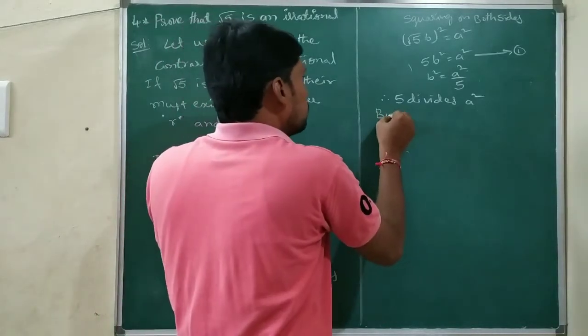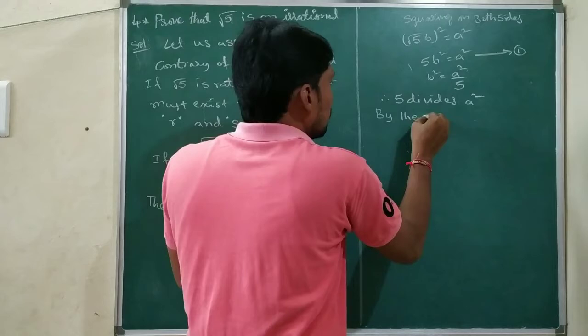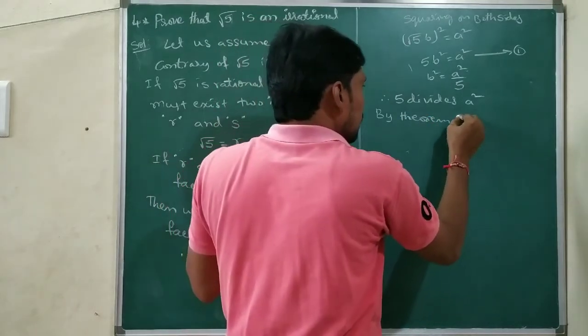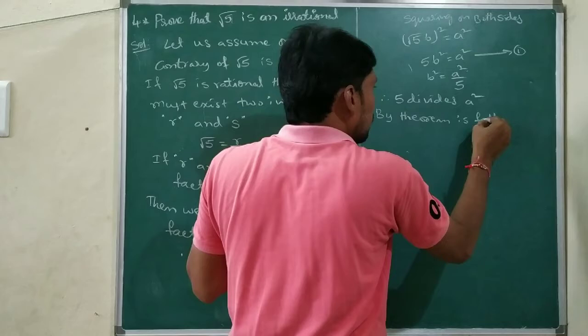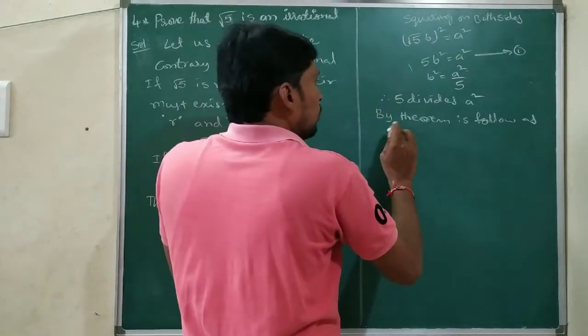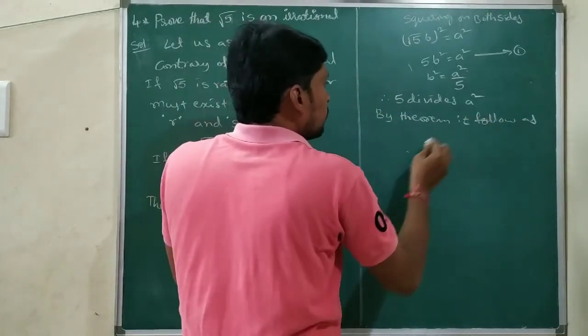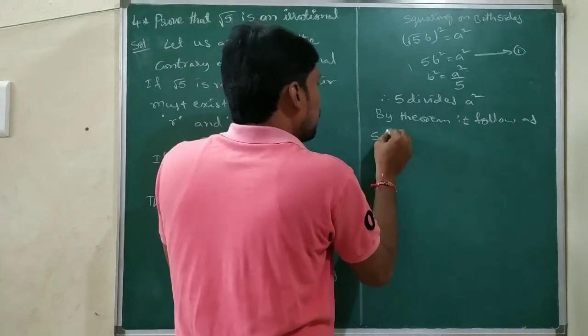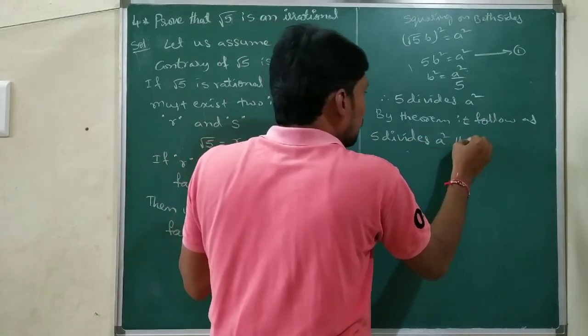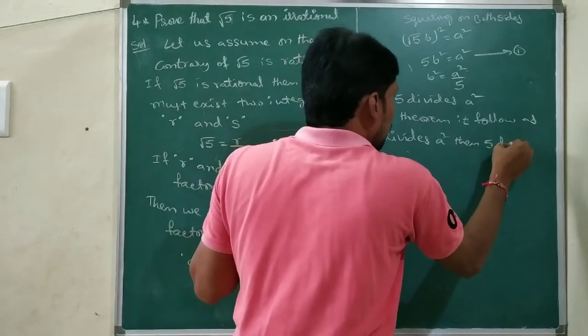So by the theorem it follows as: 5 divides a square, then 5 divides a.